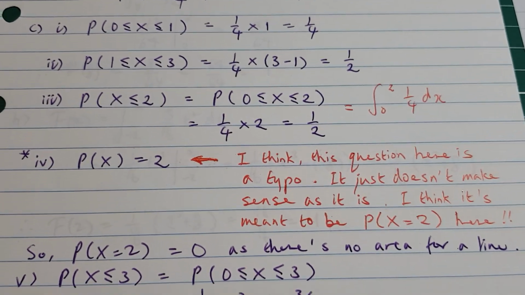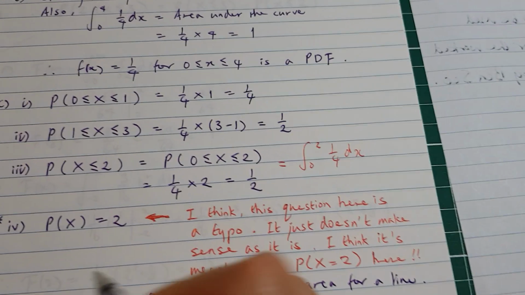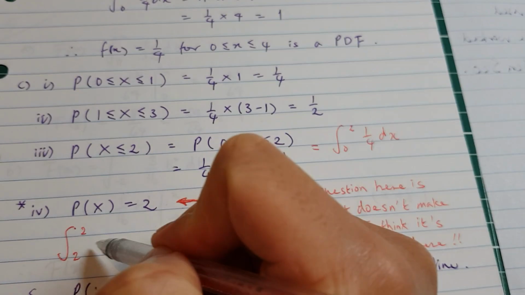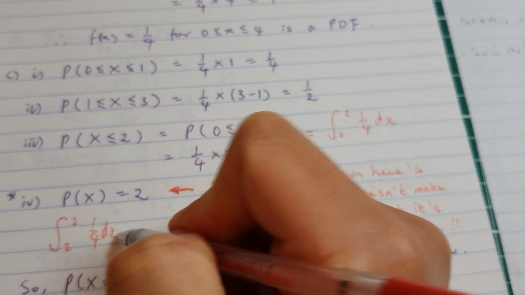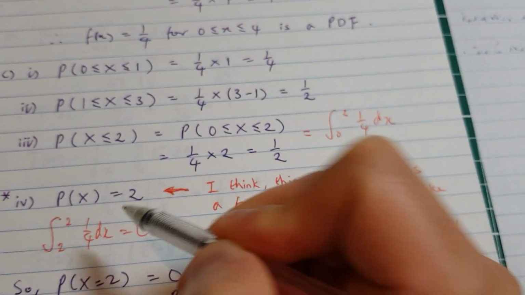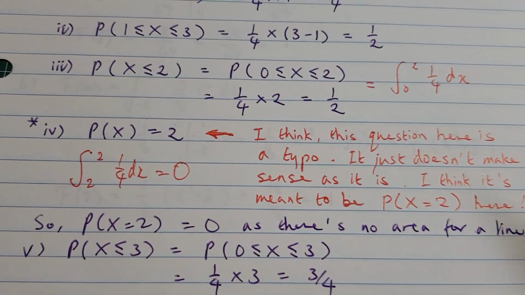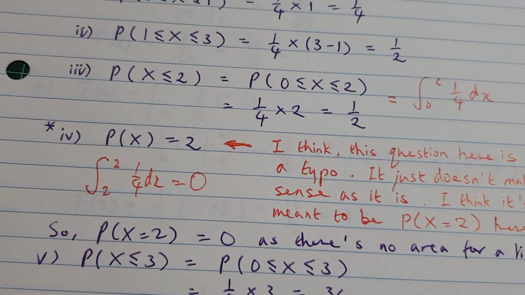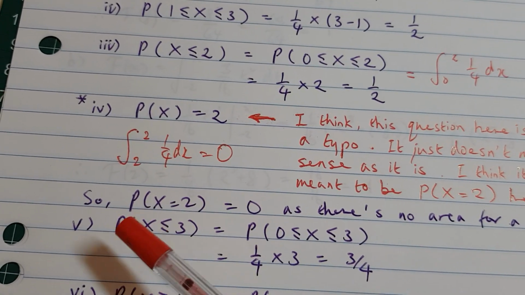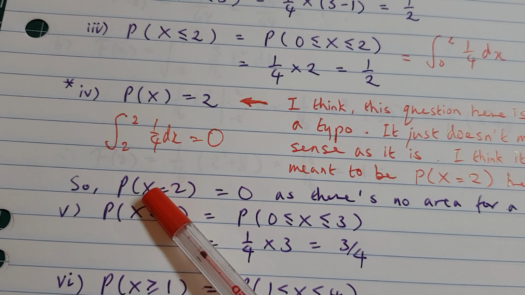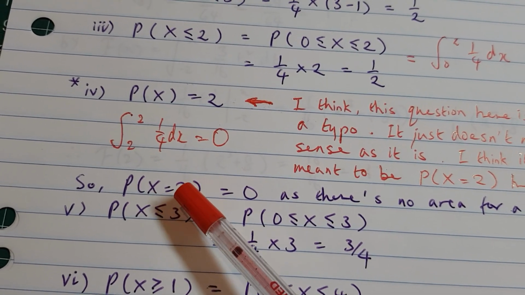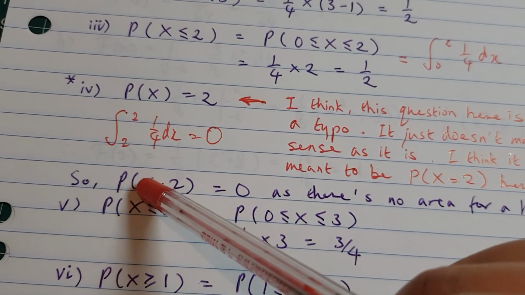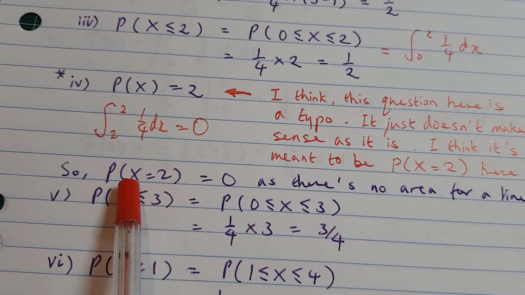Well, that's going to be 0, because in terms of the integral, that's the integral from 2 to 2 of a quarter dx, and those two limits are the same, so that has to be 0. We know that from integration knowledge, so that's why it's 0. It's pretty interesting, because what that means is that the probability of the continuous random variable being exactly 2 is 0. There's no way for you to find it sitting exactly at X equals 2.